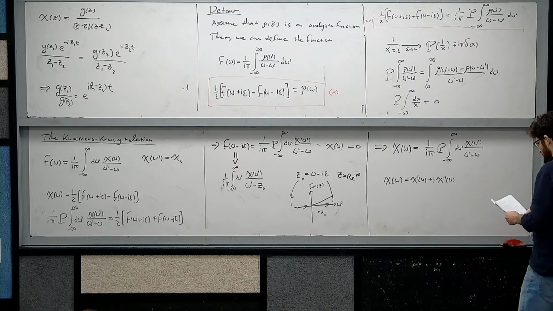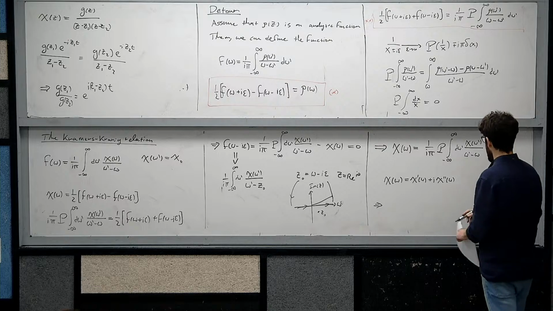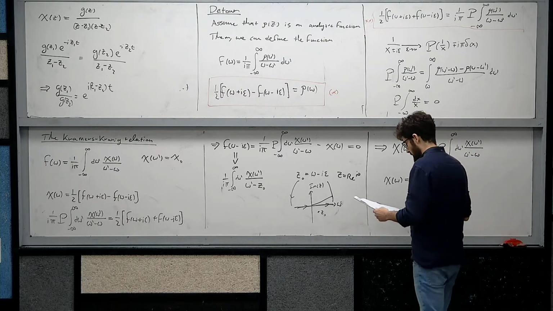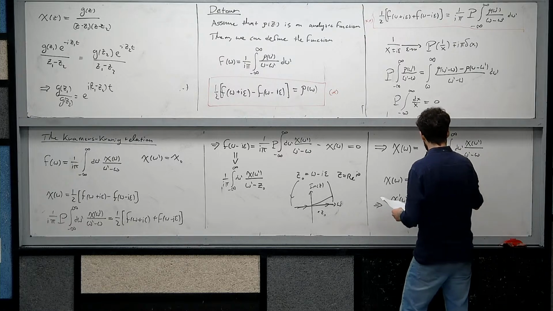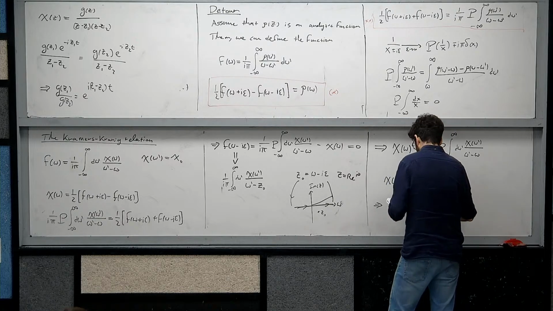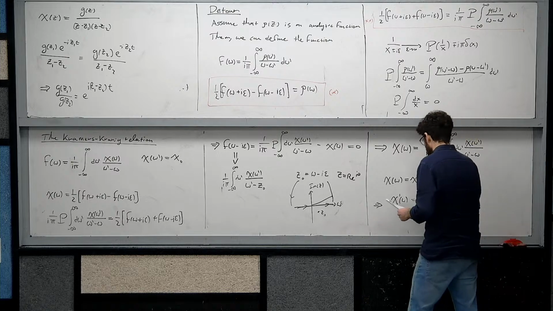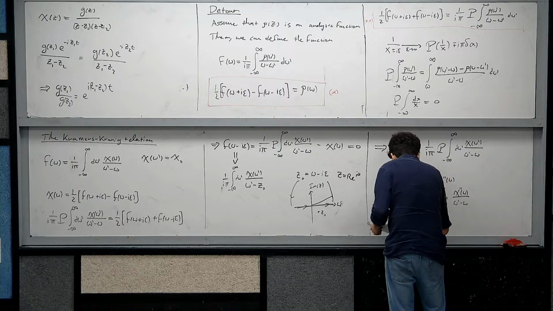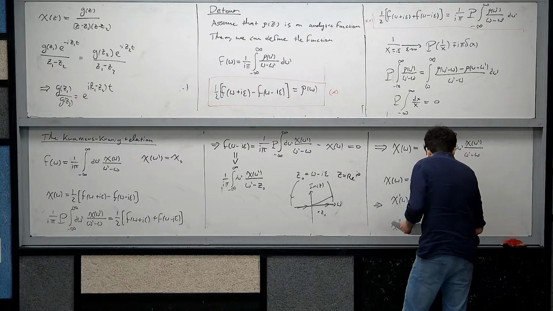And therefore we get a very interesting relationship, which is basically the Kramers-Kronig relations: the real part of chi, because of this 1 over i here, is going to be 1 over pi, the principal value of the integral d omega prime, chi double prime of omega prime over omega prime minus omega, and chi double prime of omega is equal to 1 over pi, principal value from minus infinity to infinity d omega prime.